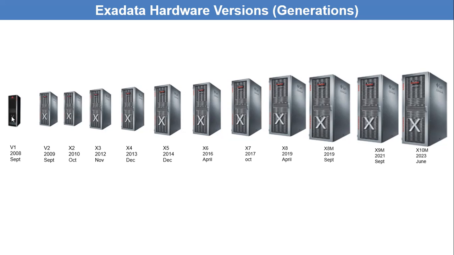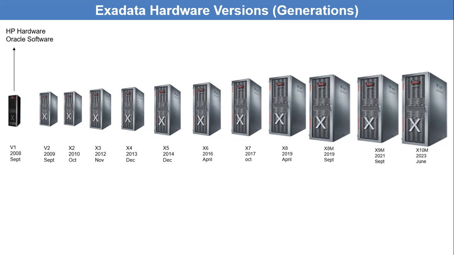Now, the version 1 rack is represented in a different color because it is slightly different compared to the other versions. In version 1 of Exadata, the hardware was from Hewlett-Packard, HP company. The servers are HP servers. The software is from Oracle. You know, Exadata is a combination of hardware and software.